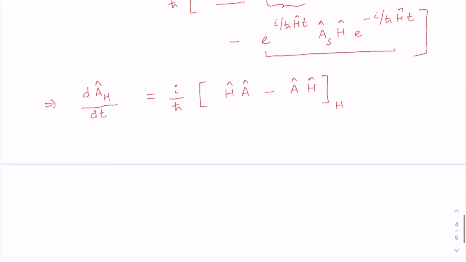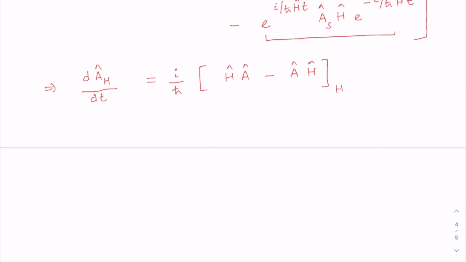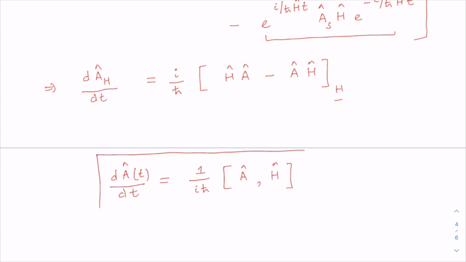In general, we don't write the suffix h, so we can simply write it as dA(t)/dt is equal to 1 by i h cross, the commutation between A and H. So this is the Heisenberg equation.